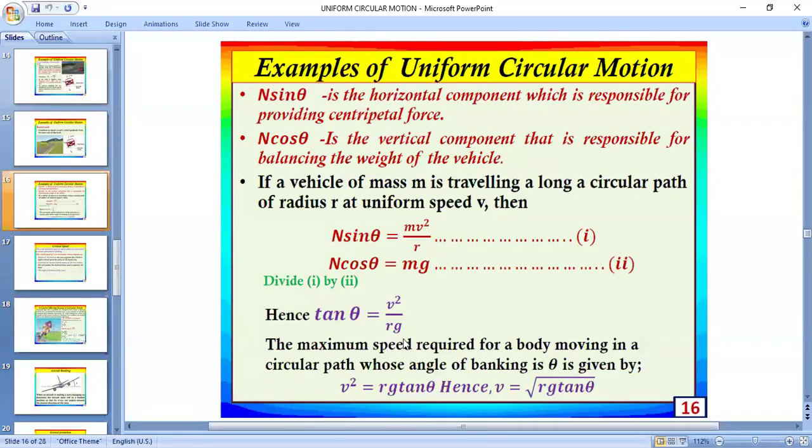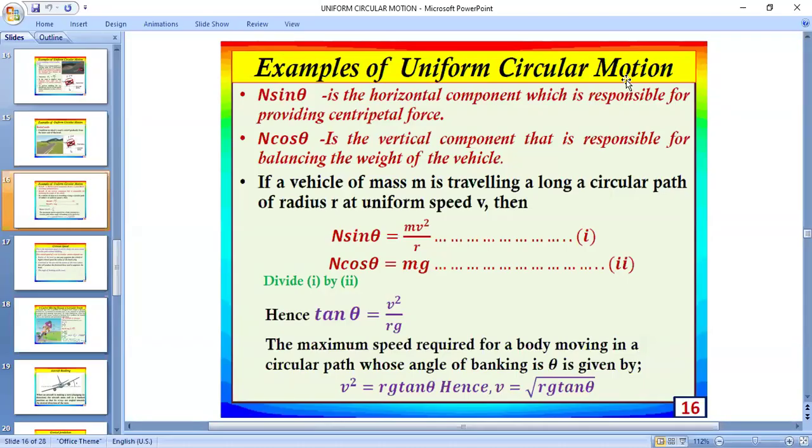We now make v the subject of the formula because we are interested in what is the speed beyond which the car is going to swerve around or skid around. So we make v the subject of the formula, and I'm sure you have also done formulae and variation.